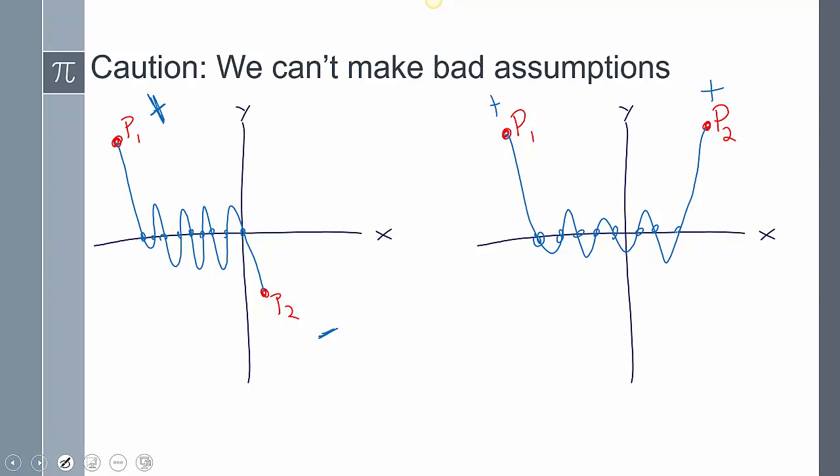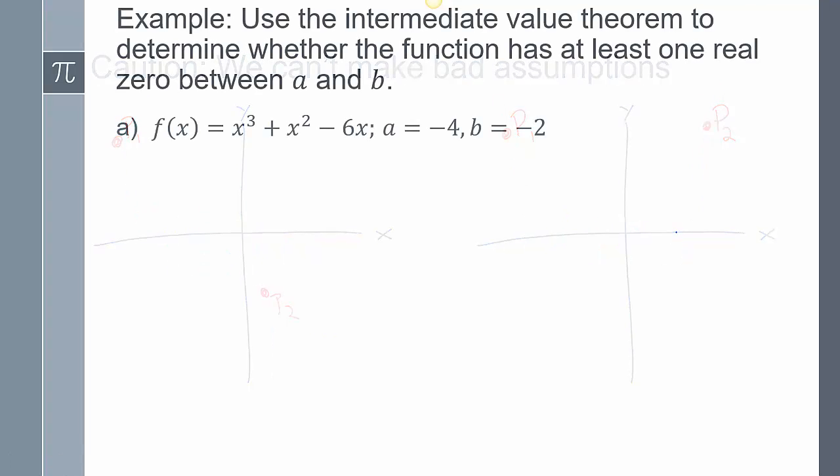So just remember, when the signs are different, there could be more than one zero in between. We just know there's at least one. Second, if they're both positive or both negative, you can't assume that there aren't any. We just may have to do other things to try and figure that out.